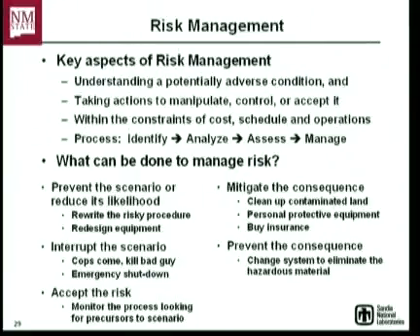Maybe we can't do anything about consequences, but we can reduce the likelihood of a scenario. Or we can interrupt the scenario before it has the chance to get into causing a consequence. And finally, we can decide that we're going to accept the risk. Maybe we're going to monitor the process or buy insurance.